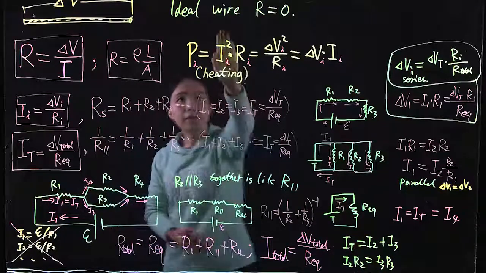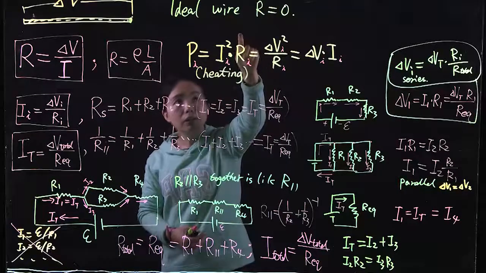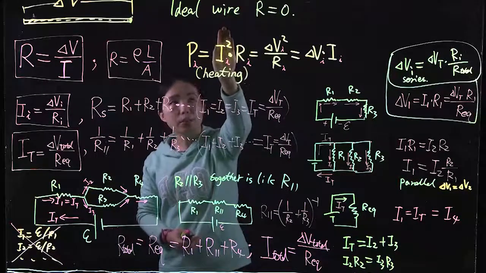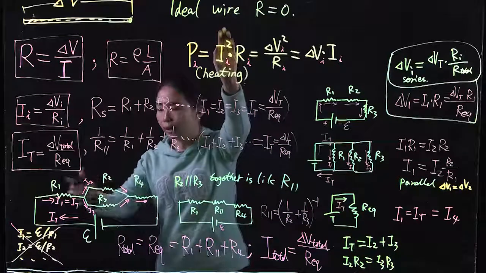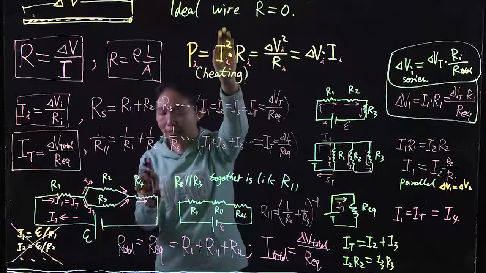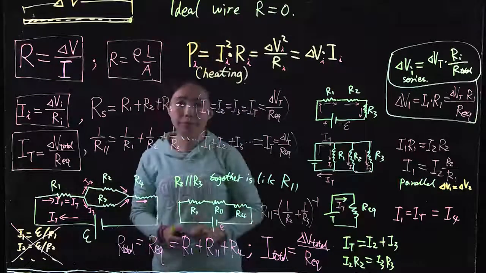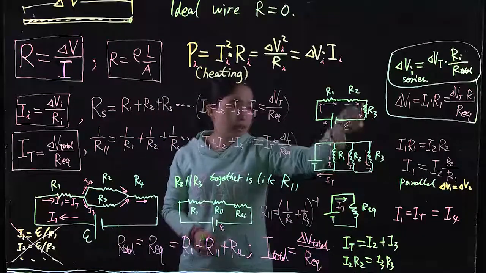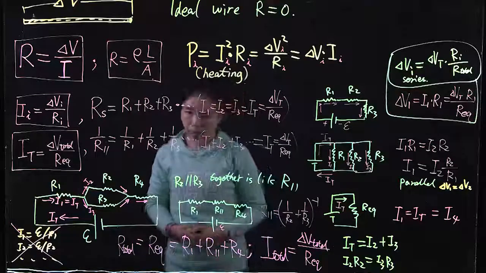If they both have the same total current, we would like to look at this equation, knowing the current part, current square is the same. Then we can easily compare R4 and R1, whichever has a larger resistor is going to consume more power. When things are in series, whoever has a larger resistor consumes more power.